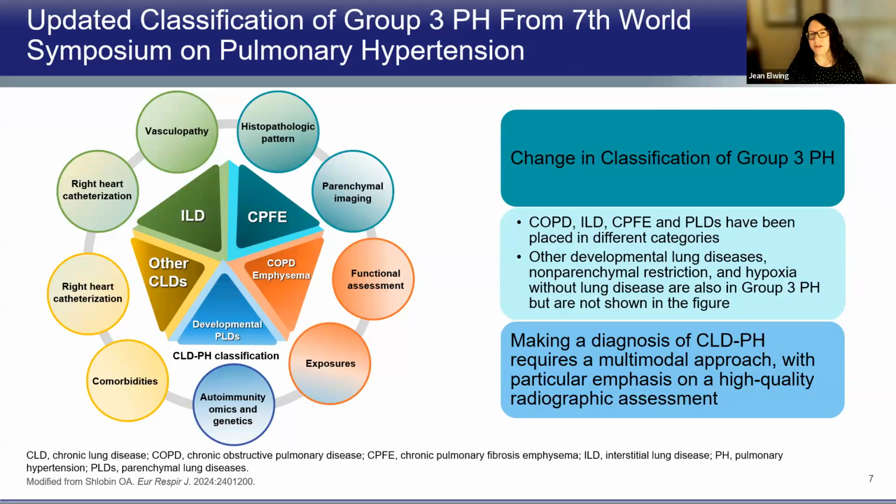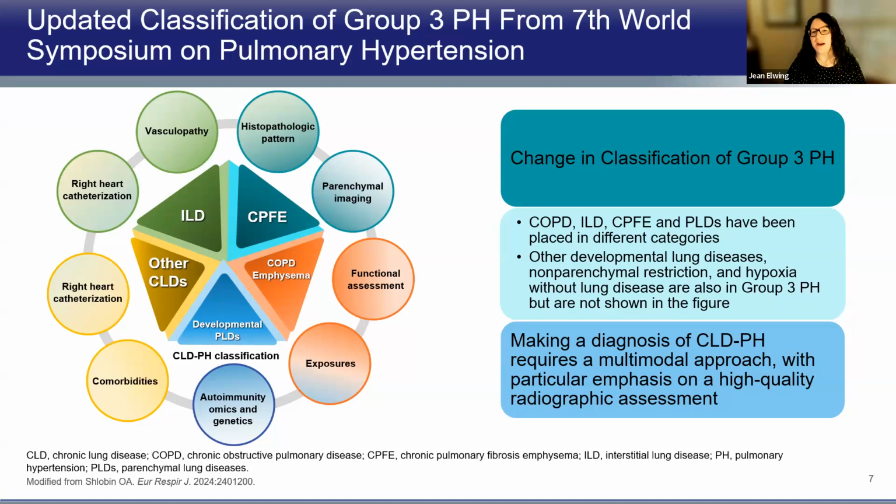So one thing I'd like to bring your attention to is we're trying to reclassify and regroup this condition to better find patients who need assessment and treatment. In the past, in the World Symposium groups, we had hypoxic pulmonary hypertension, and it was defined as how the lungs were disordered, restrictive lung disease or obstructive lung disease.